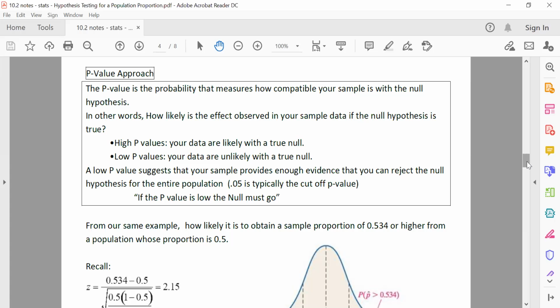The p-value is a little bit hard to explain, but it's going to be a probability between 0 and 1. The higher the p-value, the closer it is to 1, that actually is very favorable with the null hypothesis. So we're going to calculate a p-value.